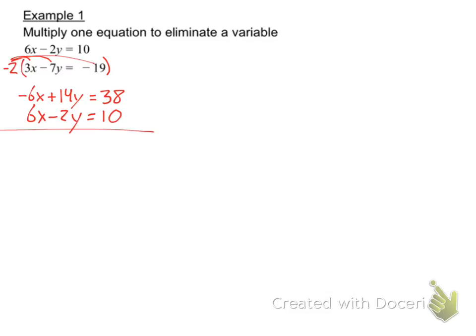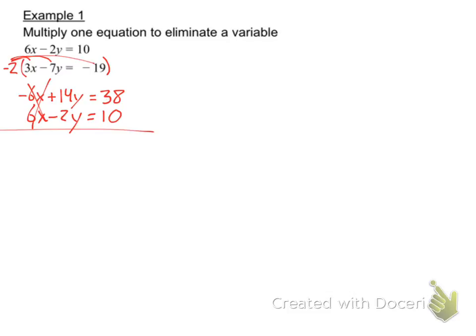Now this problem looks just like the last section, which was just adding them together. If you add them together, what happens with the negative 6x and the 6x? They cancel. We engineered that to happen. If you add your two equations together and something doesn't cancel, you made a mistake somewhere. You just need to remember to add all of the terms.